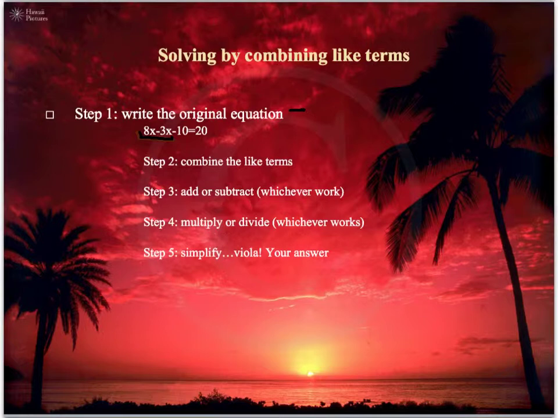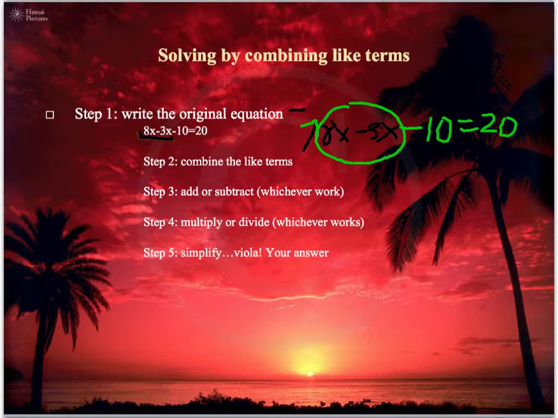So step 2, I have 8x minus 3x minus 10 equals 20. Well, let's combine our like terms. 8x minus 3x is 5x. I have 5x minus 10 equals 20.